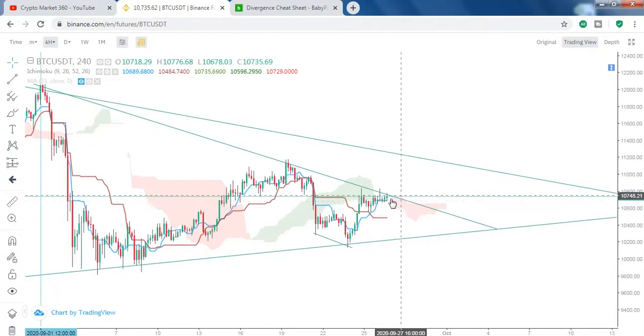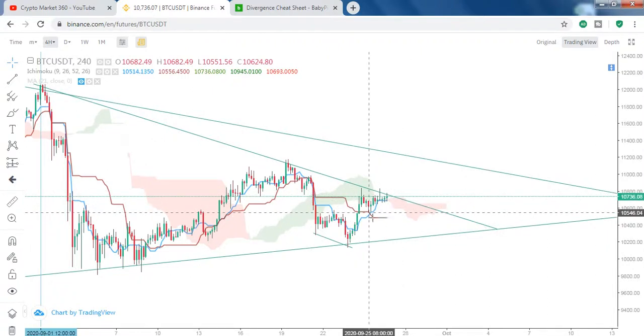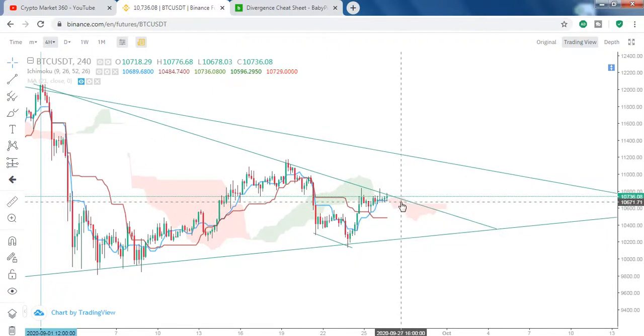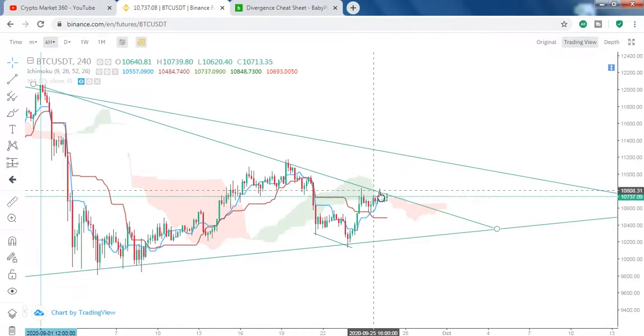When we see that the price is above the cloud, and we see another bullish crossover, that will be a big bullish signal. Right now, my trade is closed at the 10,800 level.